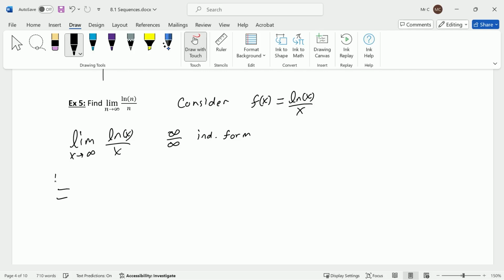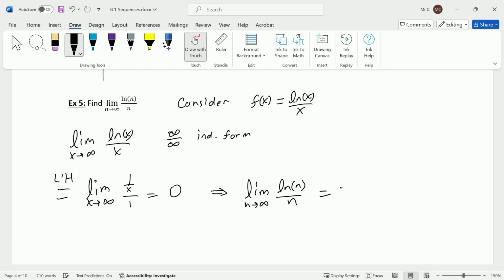And so I can apply L'Hopital's rule. And this is equal to the limit as x goes to infinity of 1 over x over 1, which is 0. This implies that the limit as n goes to infinity of ln of n over n is also 0 by that puppy dog theorem.